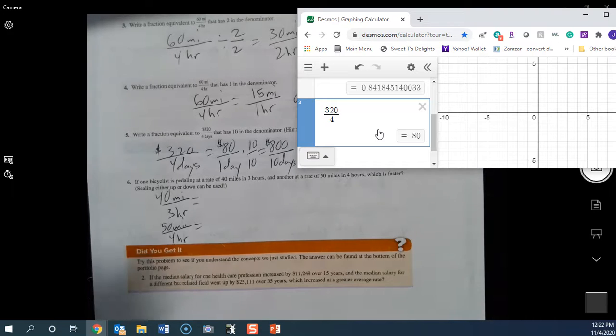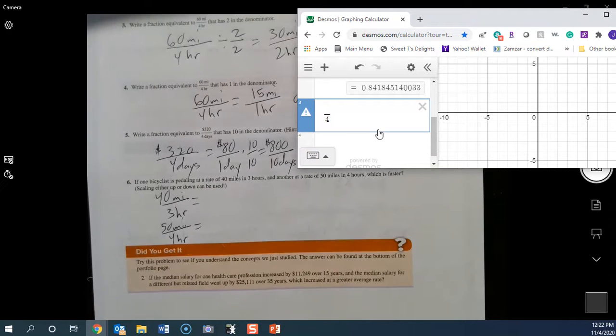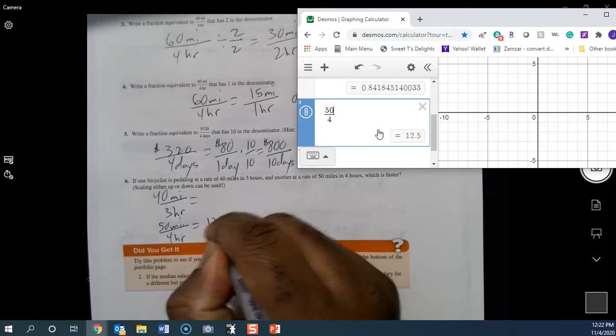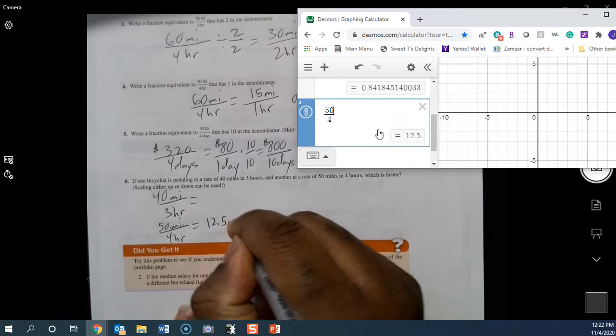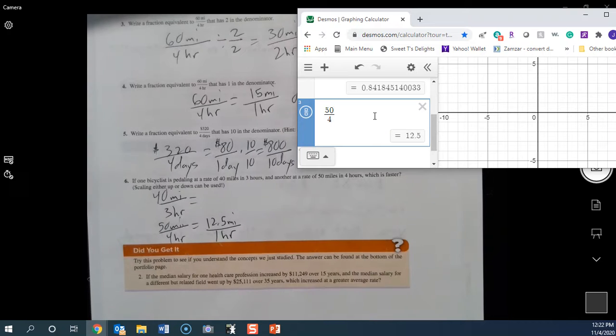So we could put that in our calculator. I may do the 50 first since I already have that over 4. So that'll be 12.5 miles for 1 hour. And then we would take 40 divided by 3.